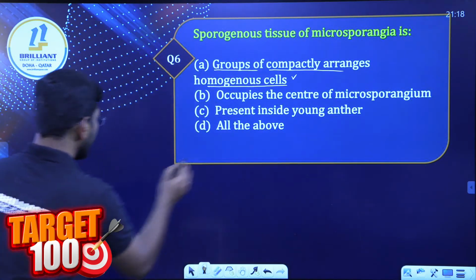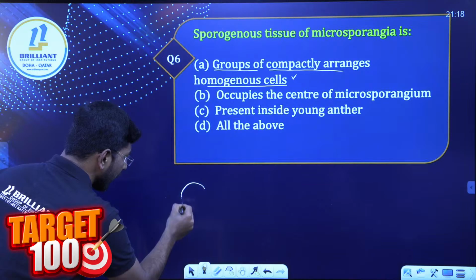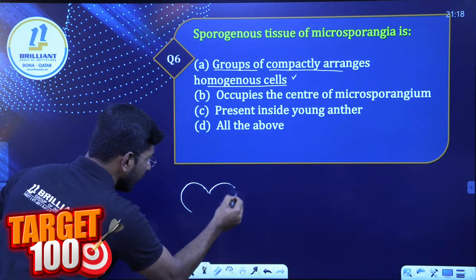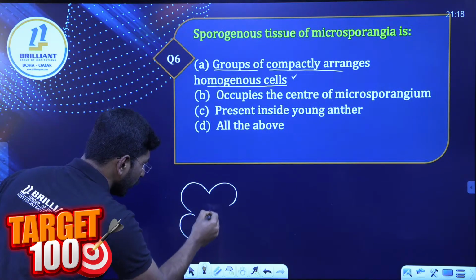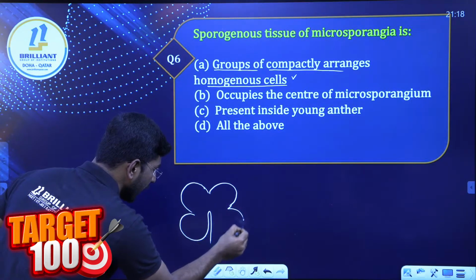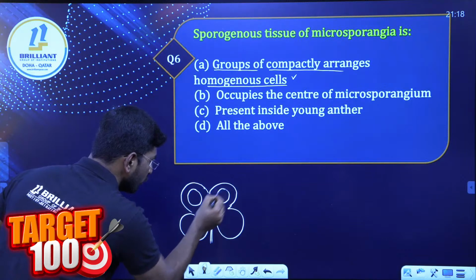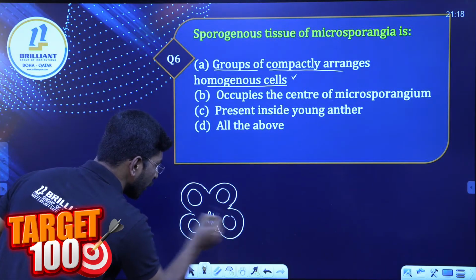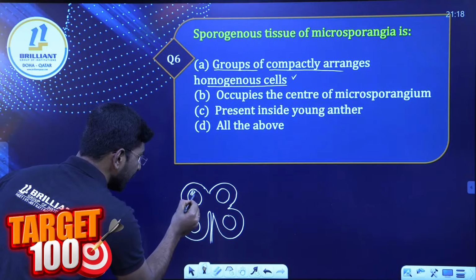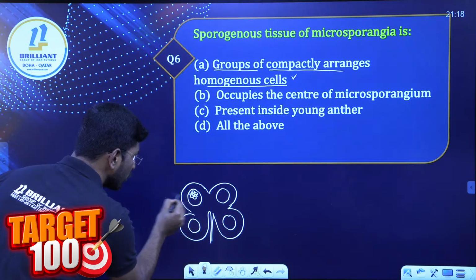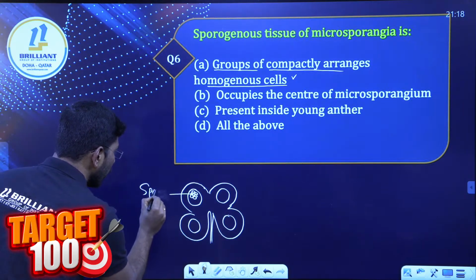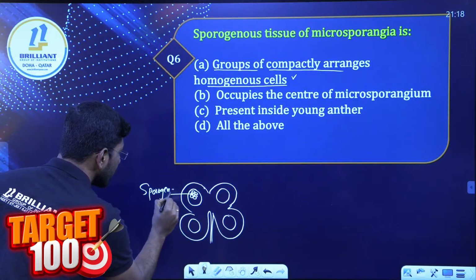If you take anther, this is anther, right? We have microsporangia here. Look at here, this is a microsporangium. 2, 3, 4, tetrasporangiate, right? In this one there is a diploid compactly arranged tissue we know as sporogenous tissue.